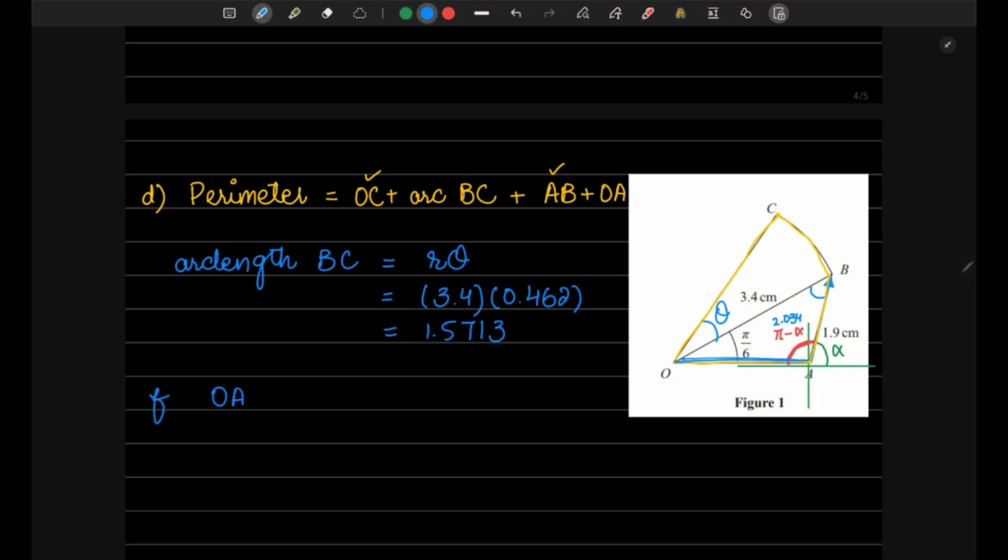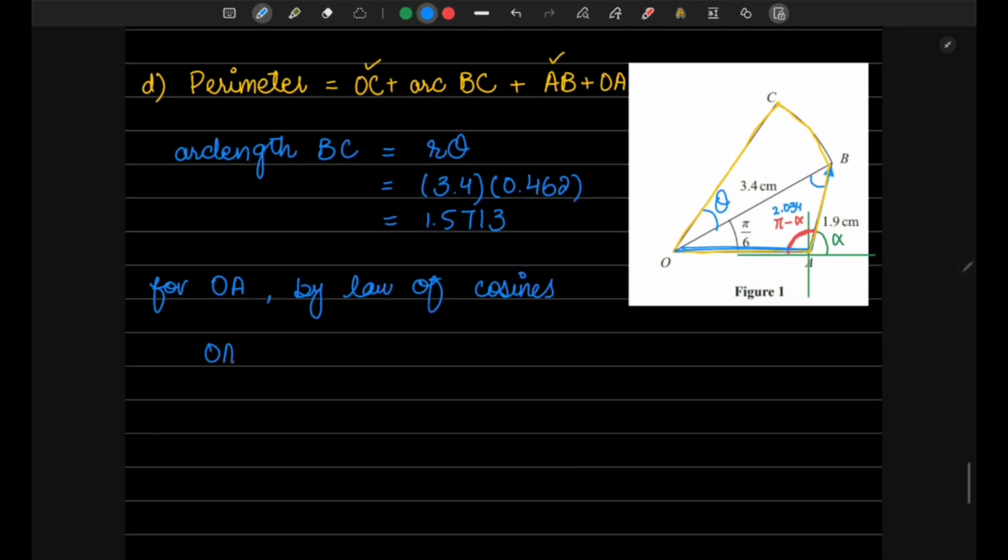For OA, by law of cosines, OA square is equal to OB square plus AB square minus 2 times OB times AB times cos of, what is opposite to OA?